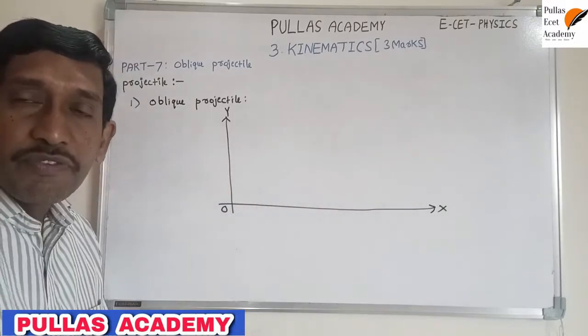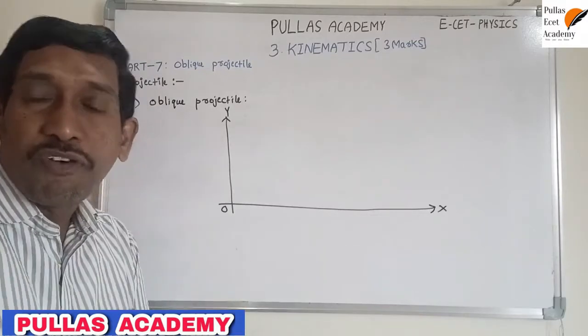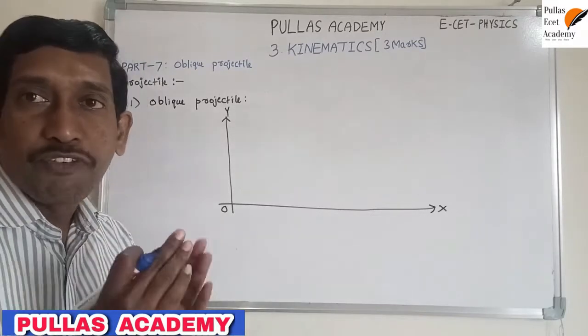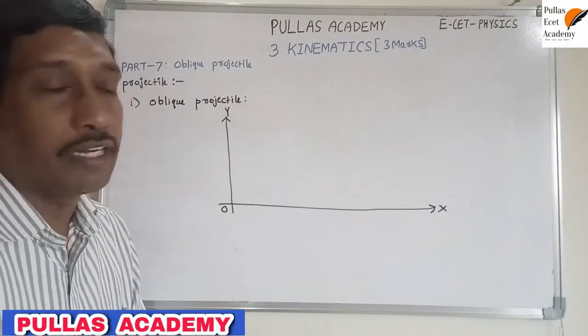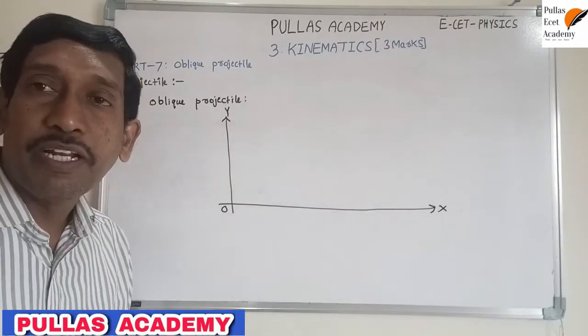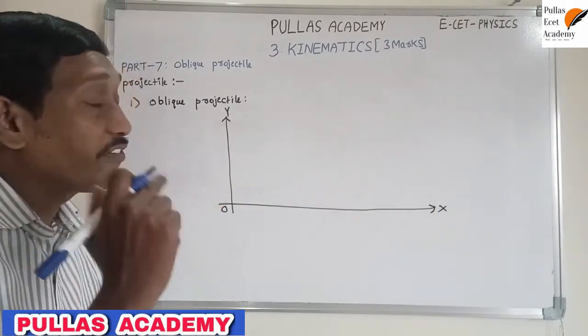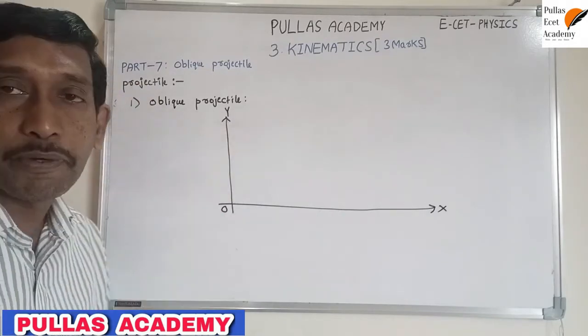But in the previous videos we discussed vertical motion. That means freely falling bodies and upwards projected bodies move along a straight line, but this moves in a plane. That's the difference between a freely falling body, an upwards projected body, and an oblique projectile.